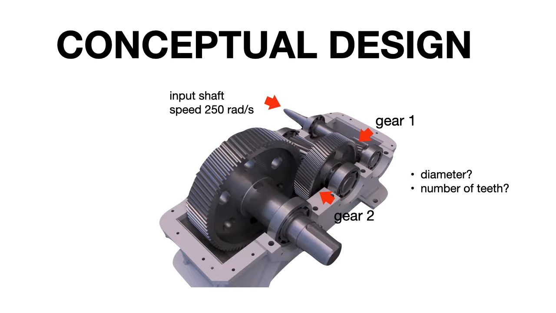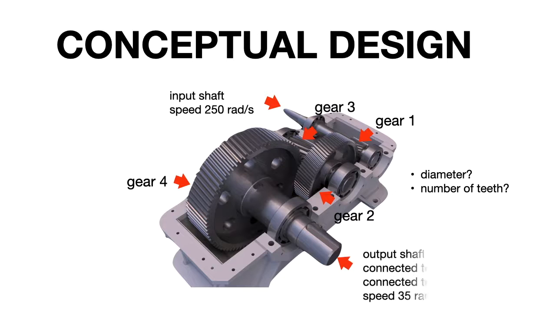Okay, so gear 2 is connected to gear 3 with the shaft. Gear 3 is connected to a bigger diameter gear, which is gear 4, and the rotation at gear 4 will cause the output shaft to also rotate. So this output shaft will rotate at a lower speed, okay, because of the configuration of the gears.